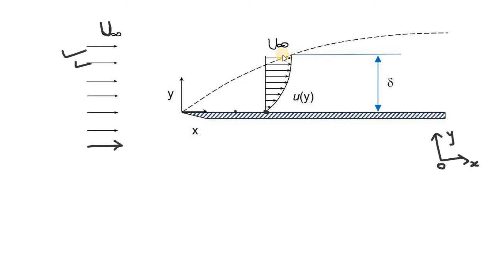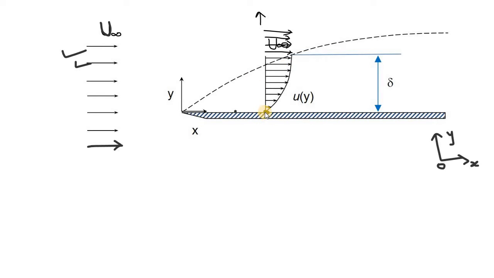After reaching that distance, all other fluid layers will move with the same velocity, and there will not be any change in the velocity gradient if you move in the vertical direction any further.